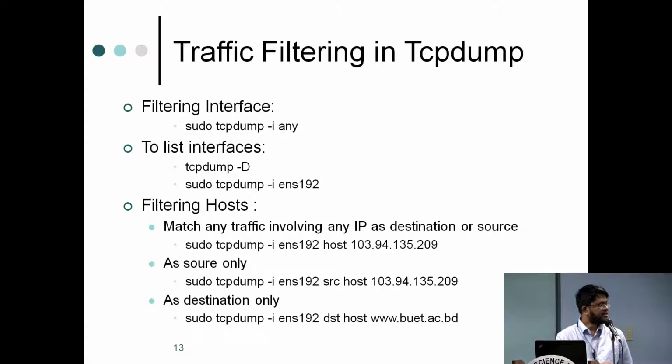And if you define it as DST, that means this IP address, or in this case this URL, must be at the destination side of the packet, not the source side. Okay? So let's see.